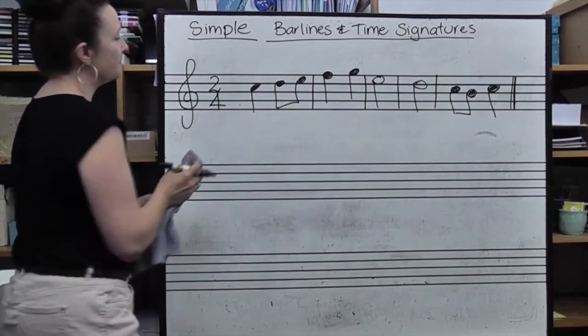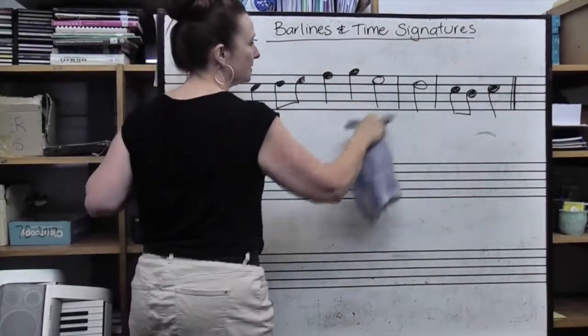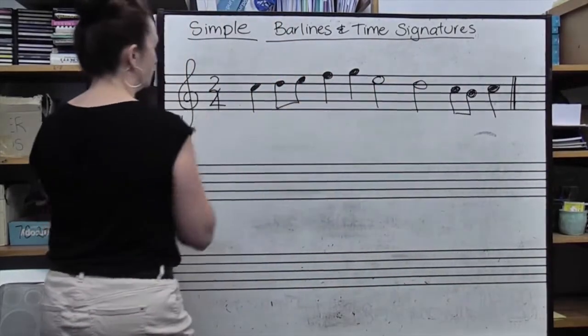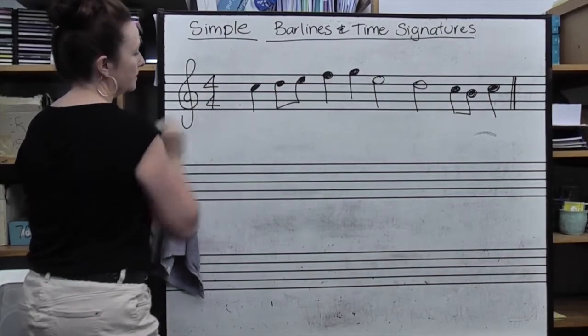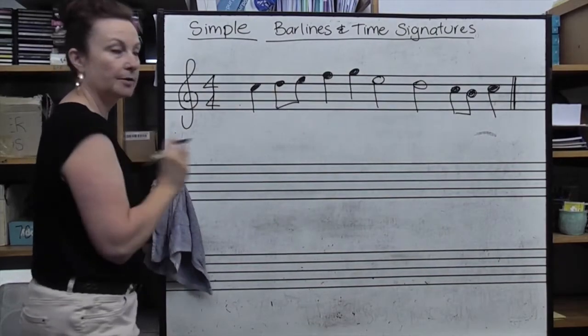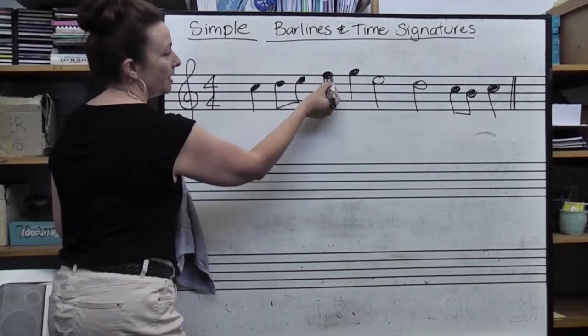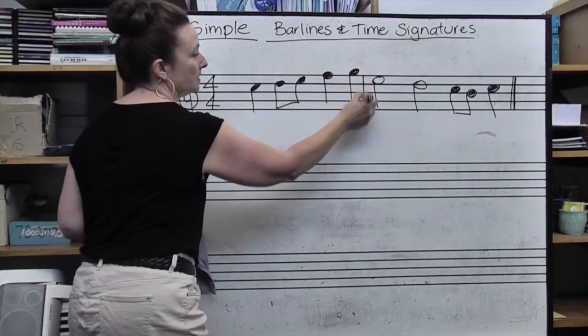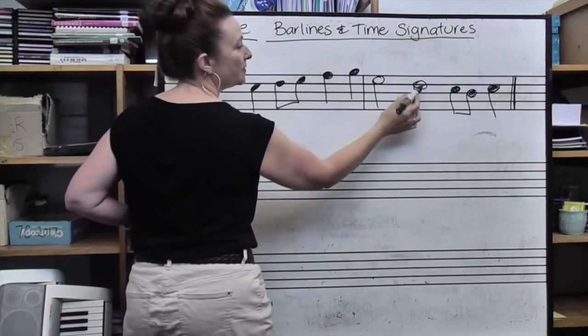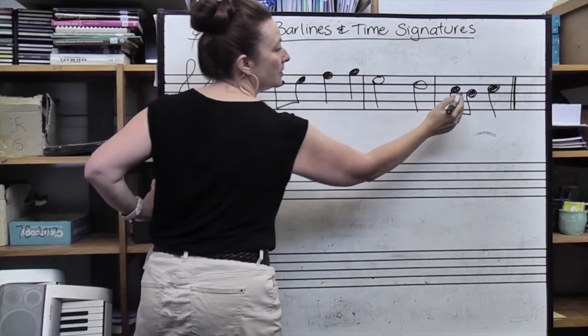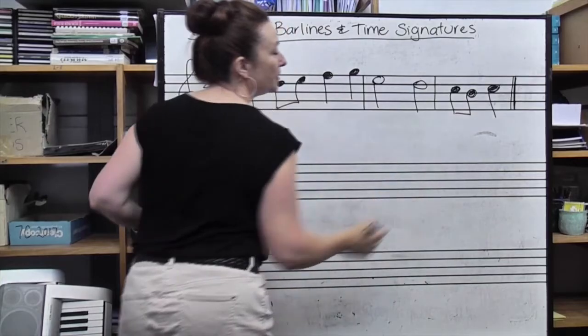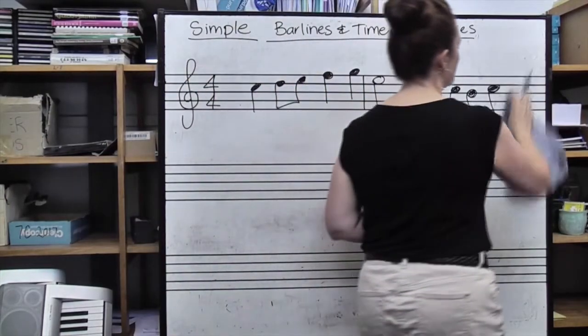If this was in 4/4 time, where would they go? Let's count together. 1, 2, 3, 4. 1, 2, 3, 4. 1, 2, and that wouldn't actually exist.